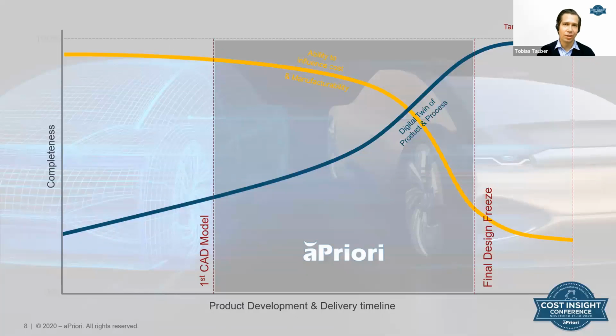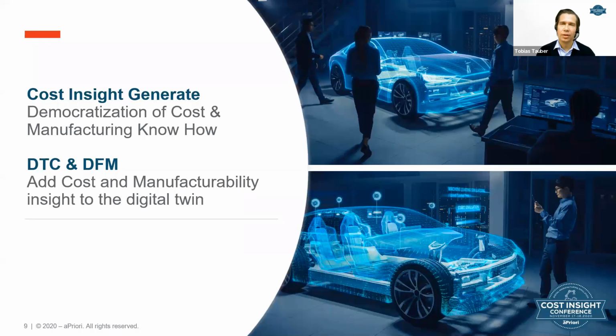How do we get this onto the desks of engineers who already have a pretty high workload? We do this with our new product Cost Insight Generate, which helps us democratize cost and manufacturing expert know-how across engineering communities to empower and support decision making.